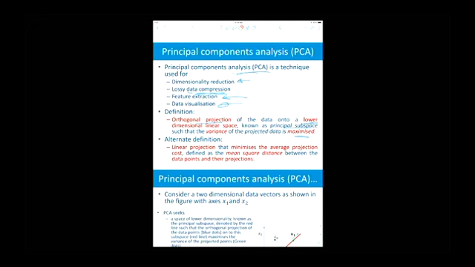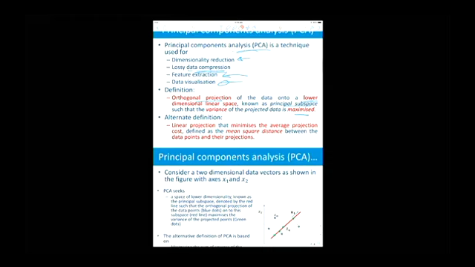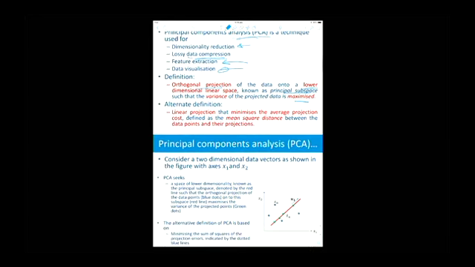There's an alternate definition, which says linear projection that minimizes the average projection cost, defined as mean square distance between the data points and their projections. The earlier definition says exactly the same thing but in a different way.